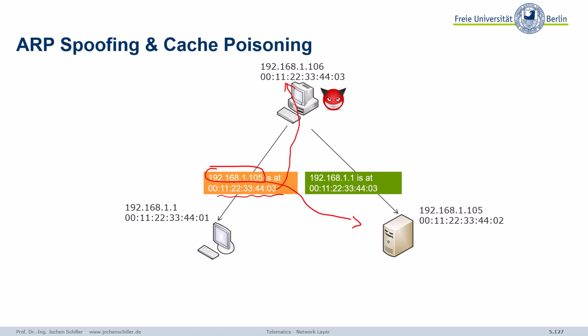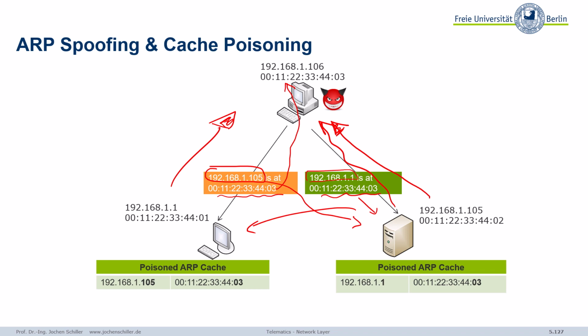And you can also tell the other one, if you want to send something to this machine, use this hardware address. So in the end, all the traffic on layer 2 is redirected directly to this malicious node, only because this node sent ARP replies, poisoning the caches, because now you have wrong entries in the cache.